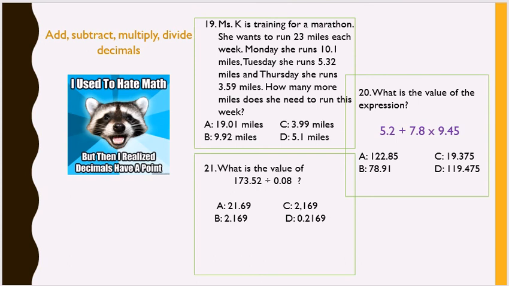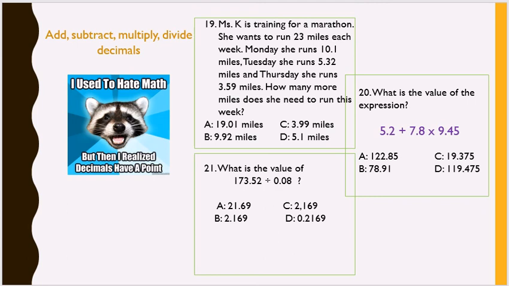Thursday, she runs 3.59 miles. How many more miles does she need to run this week? A, 19.01, B, 9.92, C, 3.99, or D, 5.1.